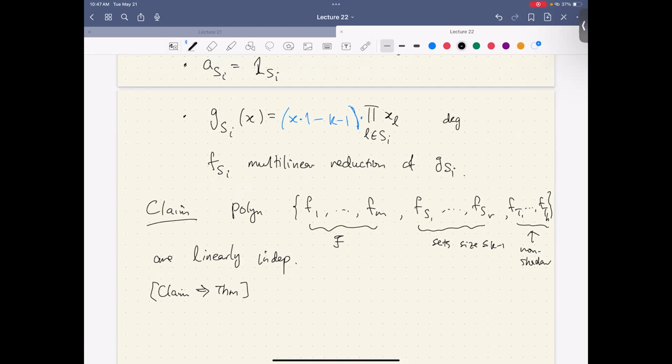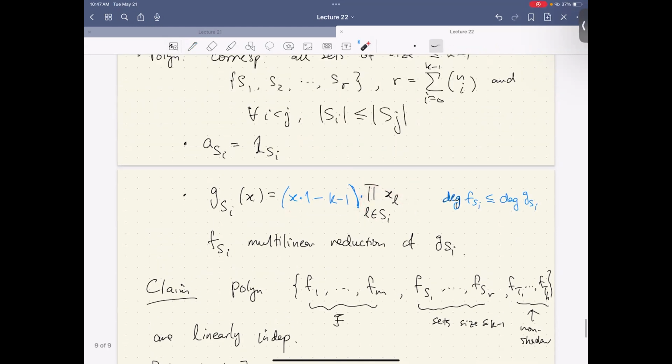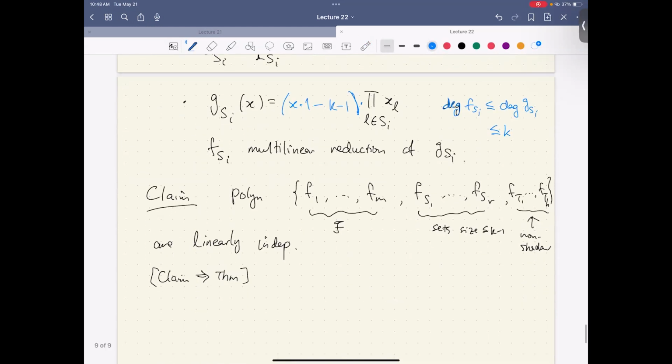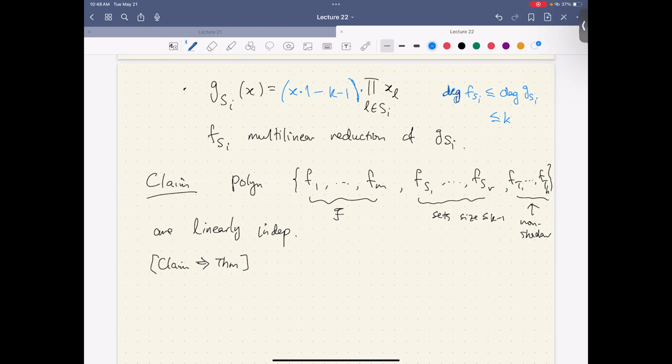The degree of F_SI is at most the degree of G_SI. This is degree 1. This is degree the size of S. But the size of S is at most k minus 1. So this is degree at most k. We have the whole set being linearly independent.